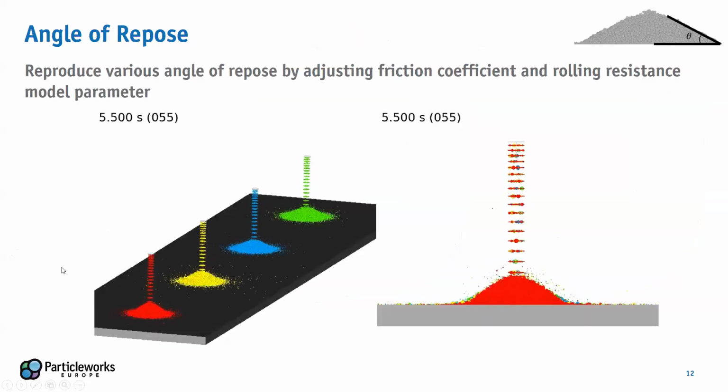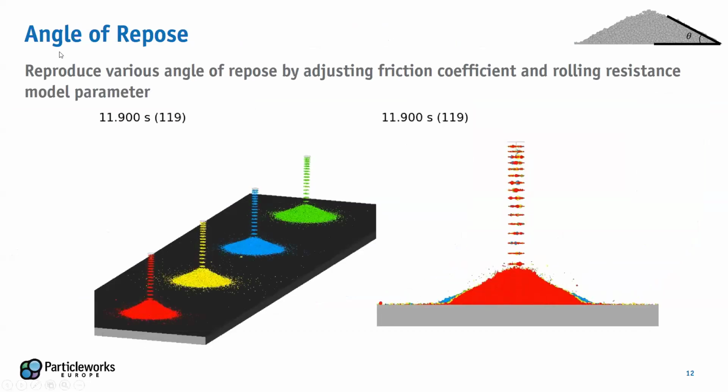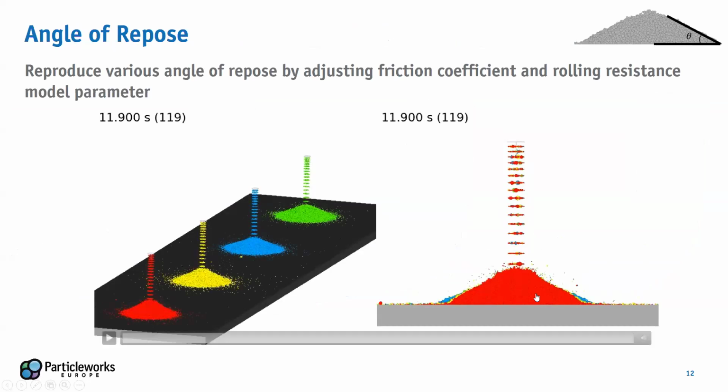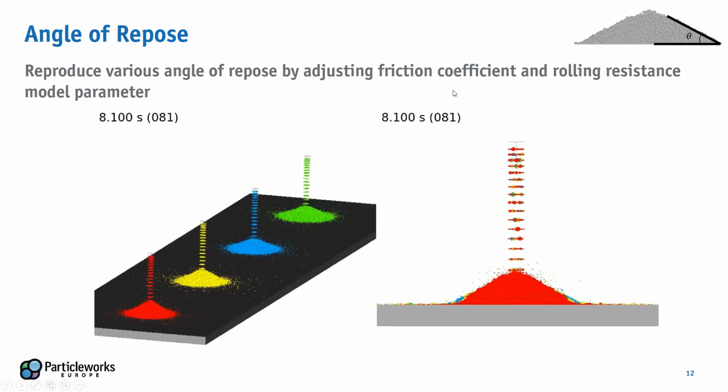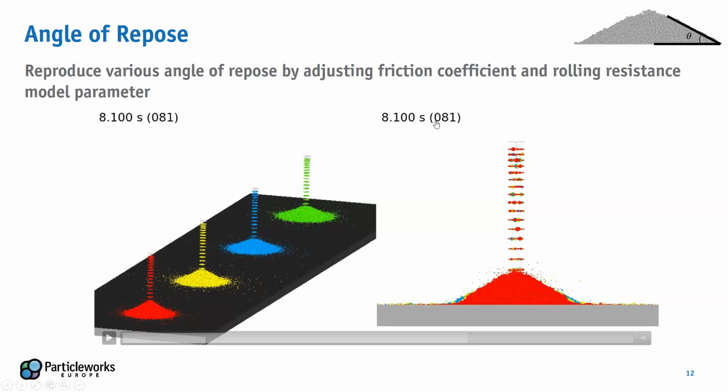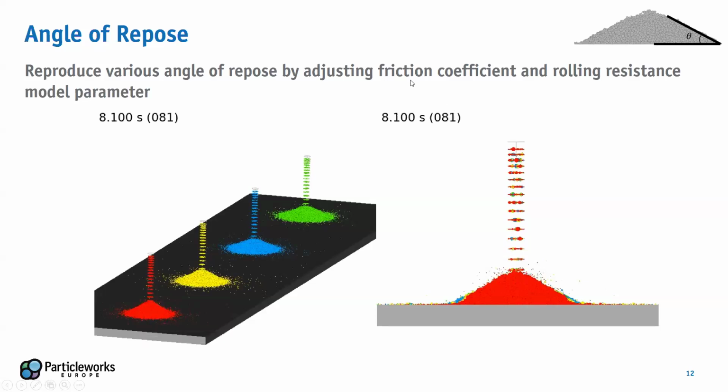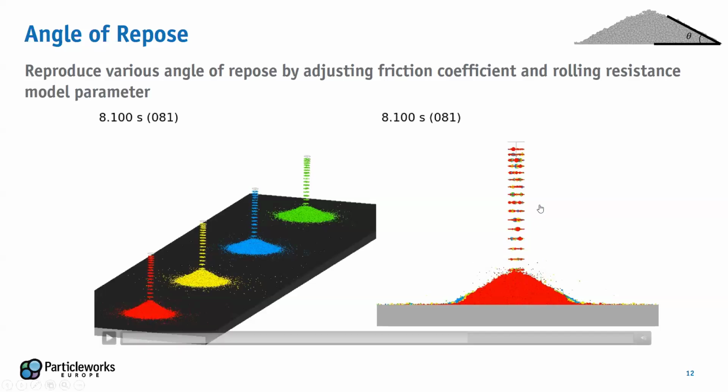In terms of other physics that can be captured, there is also this important parameter, the angle of repose in powders, so that this can be tuned depending on the material parameters. Of course, there is a wide range of physical settings that can impact the behavior of the powder, and those can be tuned inside the software.